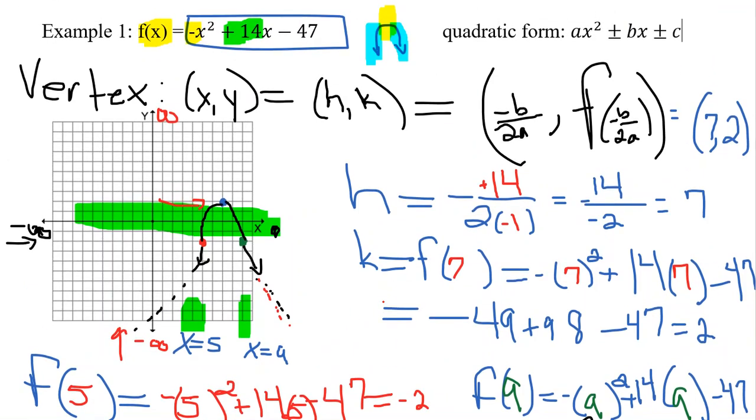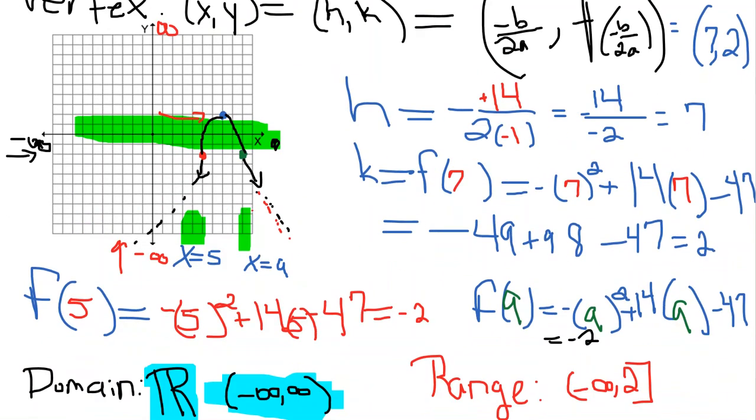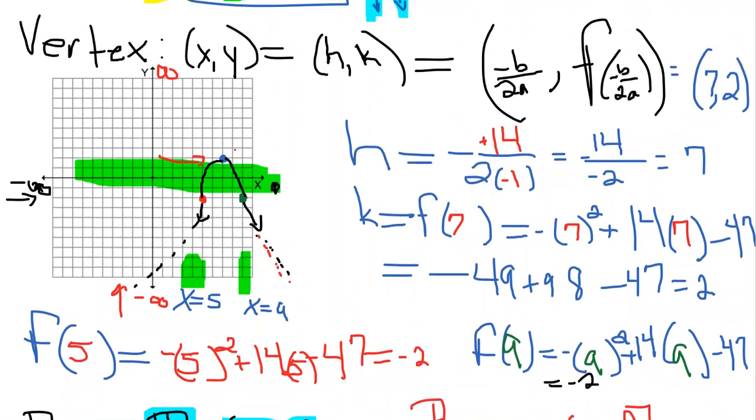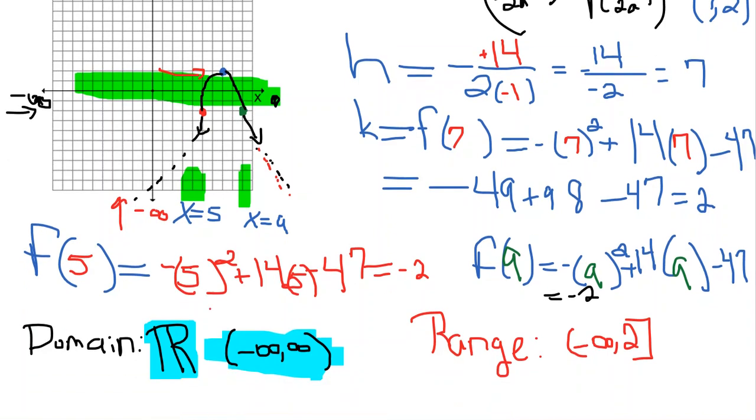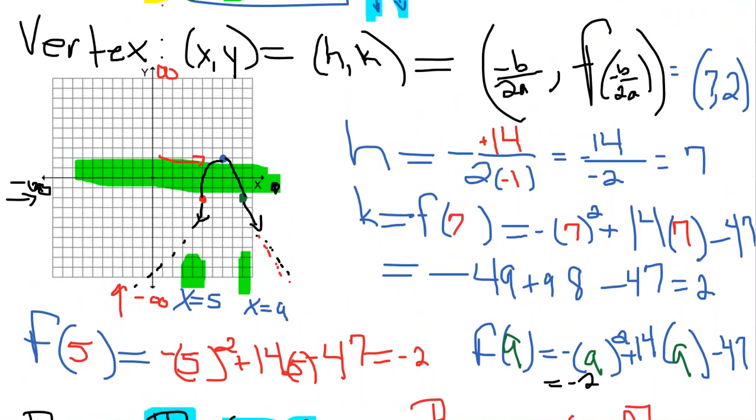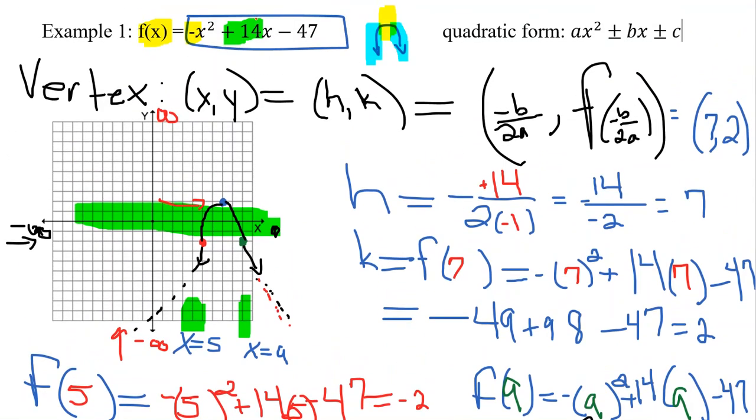So this is graphing a quadratic and being able to state the center and axis of symmetry. If you wanted to see where it crossed the x-axis, we would plug in 0 for y and use the quadratic formula and solve for that.